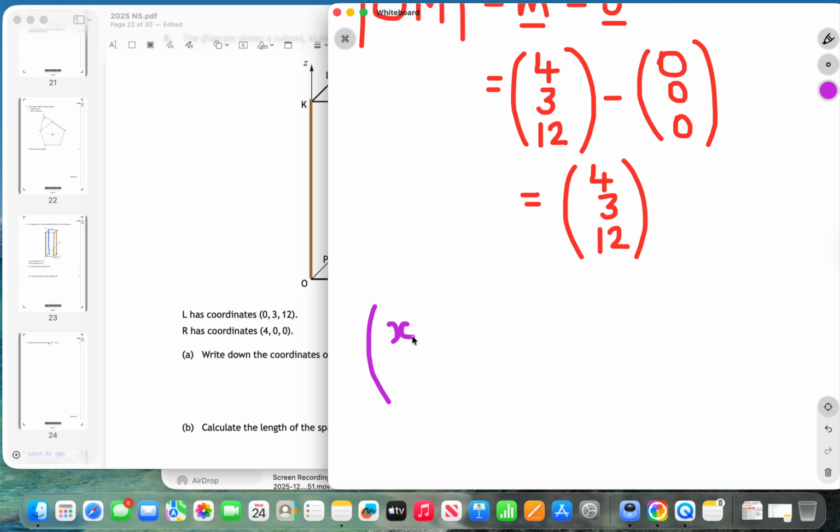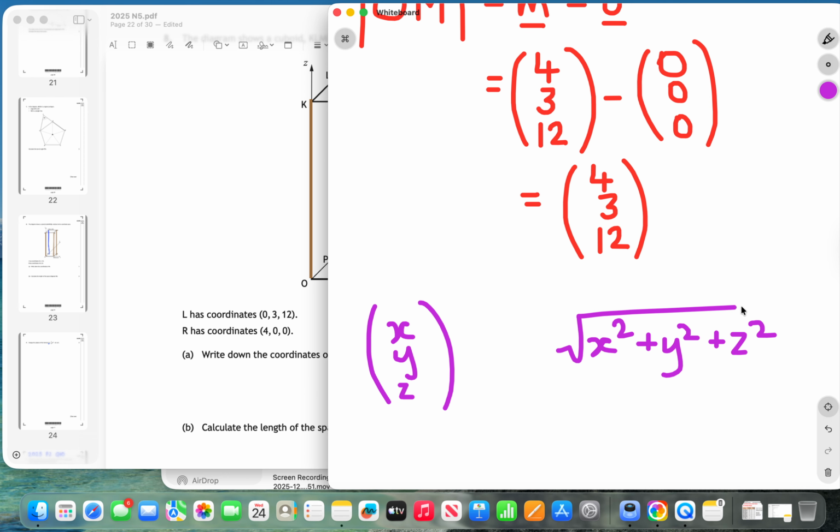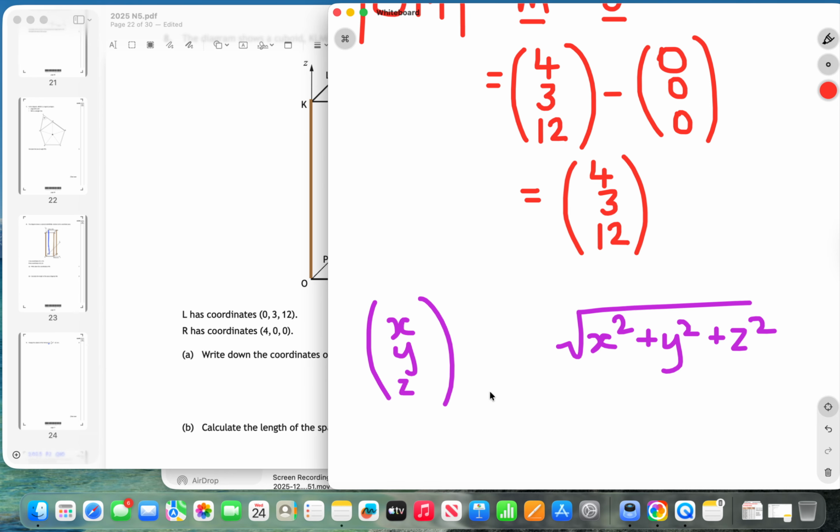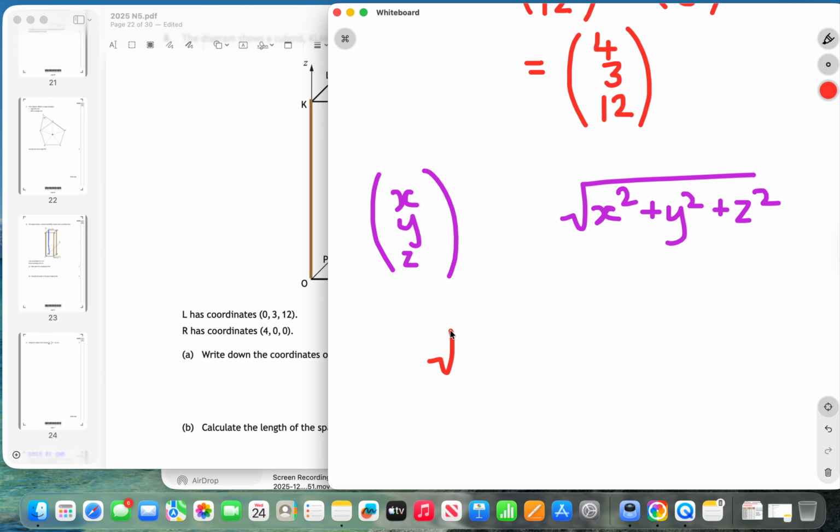So if a vector is of this form, x, y, z, then the magnitude is given by the square root of x squared plus y squared plus z squared. So we get the square root of 4 squared plus 3 squared plus 12 squared.